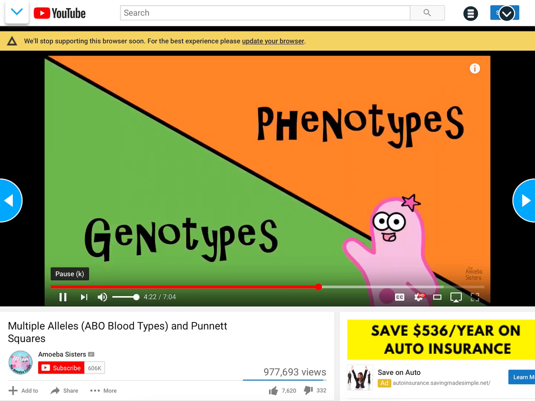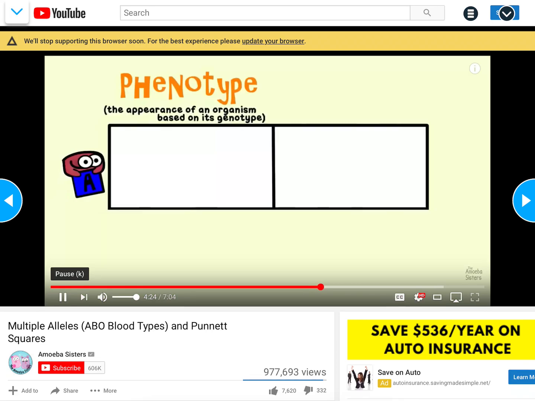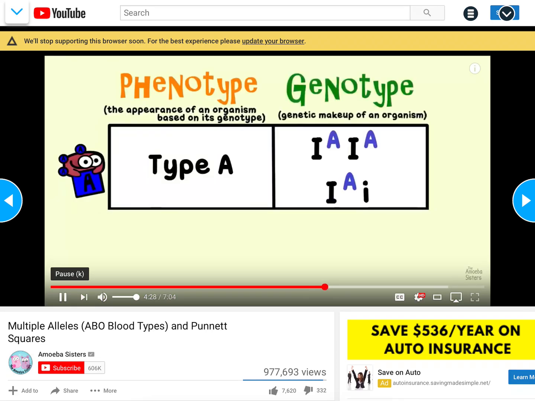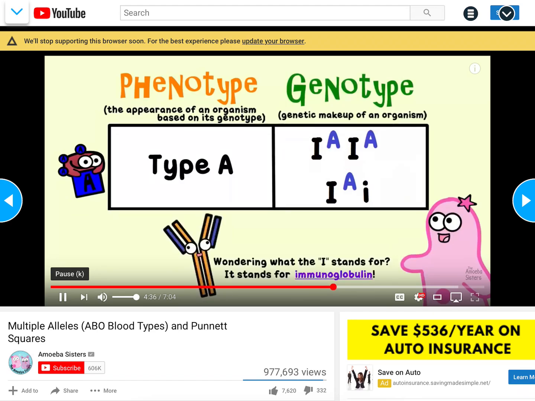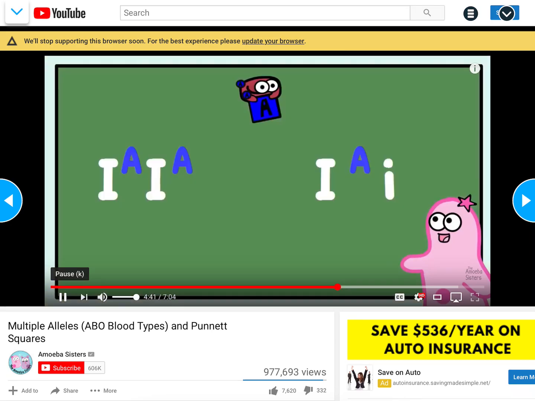Well, let's talk about phenotypes and genotypes. The phenotype of type A blood is A, but the genotype is written like this or this. The format of writing here helps with multiple alleles like blood type problems, and we can show you why when we work this out in the Punnett square. Now, you may notice that I said that blood type A could be written this way or this way.